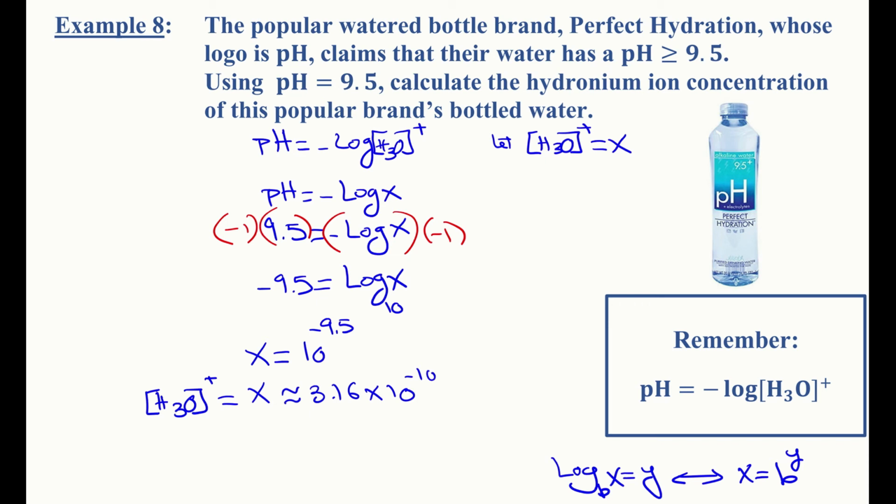All right, so that's how you calculate hydronium ion concentration if you know the pH. In the last problem, we were given the hydronium ion concentration and asked for the pH. In this problem, we were given the pH and asked for the hydronium ion concentration.